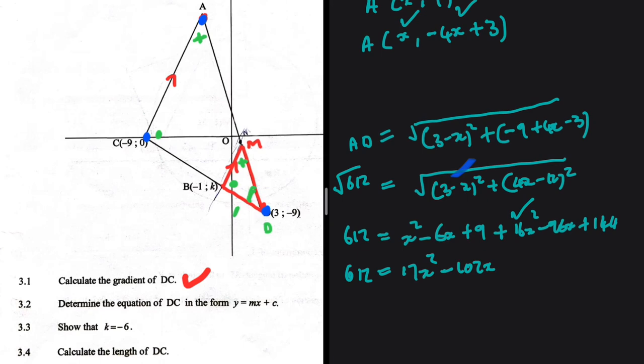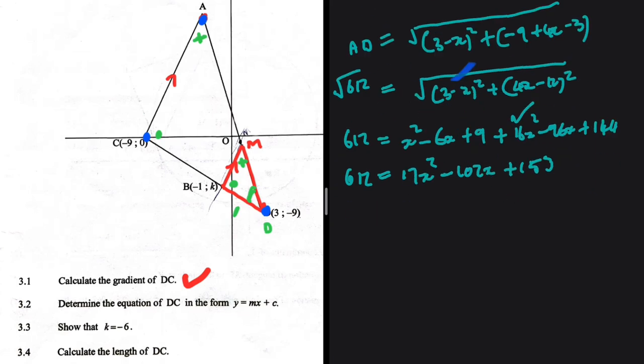And then 9 plus 144 is 153, so we have plus 153. And then we take 612 to the other side. So 17x squared minus 102x plus 153 minus 612. I'm going to take my calculator.